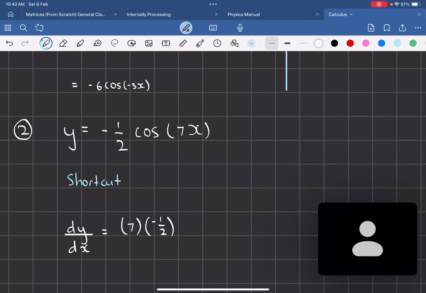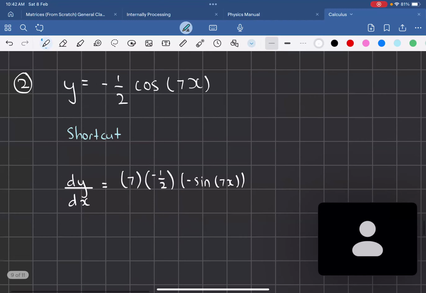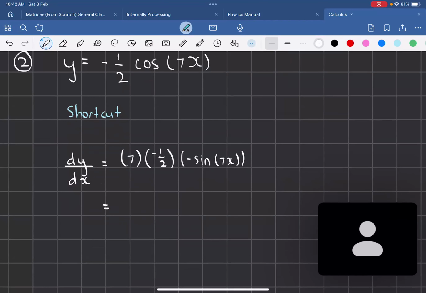You're going to differentiate cos now. If I differentiate cos, what will we get? You will get sine. No, a minus sine. Oh yeah. And then I'm going to put back the 7x. So if you multiply this out, Aliyah, what is 7 by minus a half by minus?